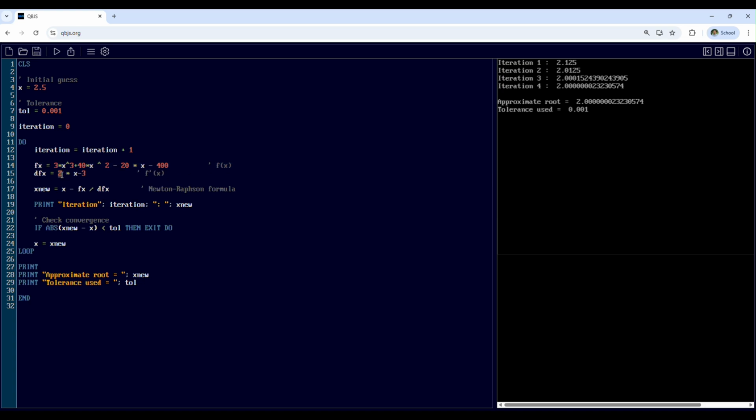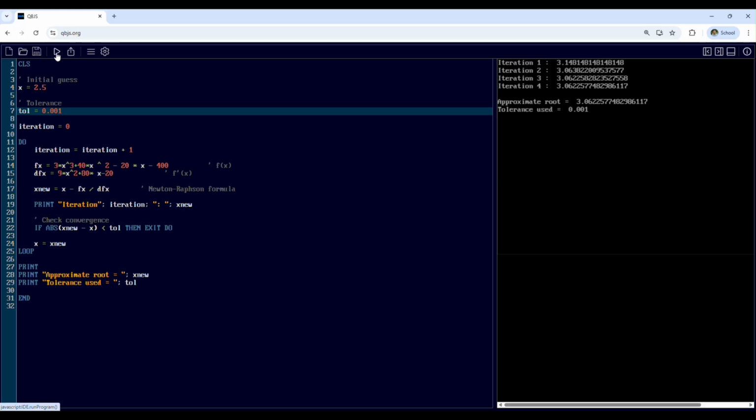Then we get this to be 9x square plus 80x minus 20 as the derivative, and then we can run the same exact thing with, let's say, initial guess, okay, we can leave it 2.5. Let's see what it does. It found the solution to be 3.06 something.